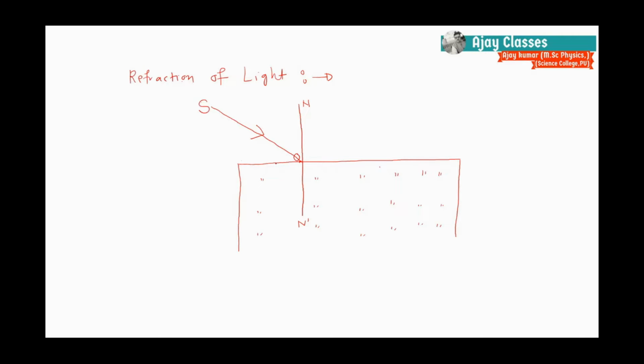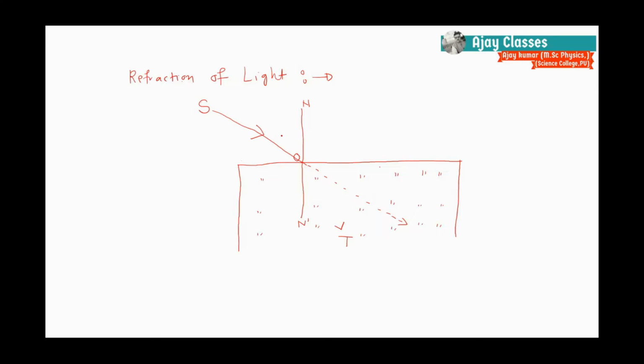This ray should go straight, but actually it is not going in such a direction. This is the original direction of the incident ray. But as it enters the new medium, it bends and follows a new path with a new direction.